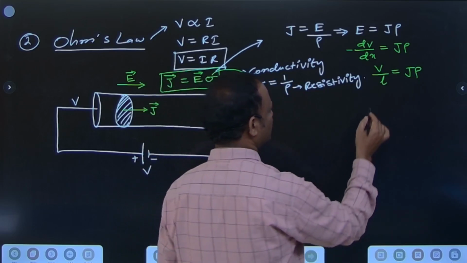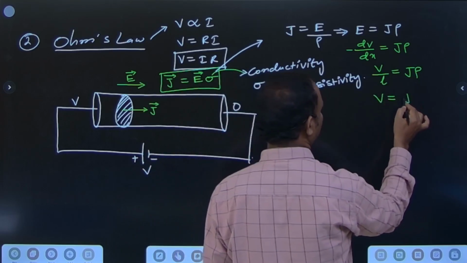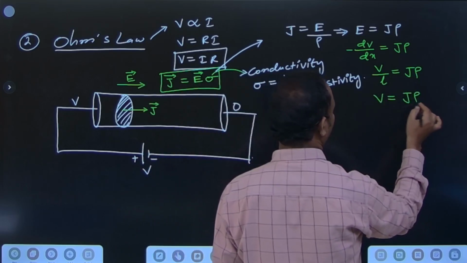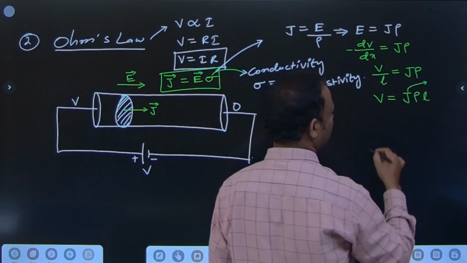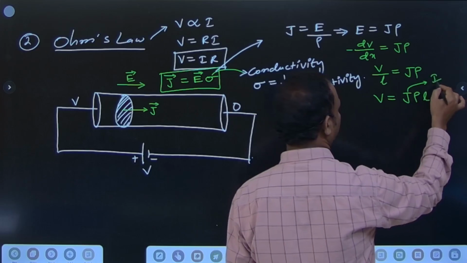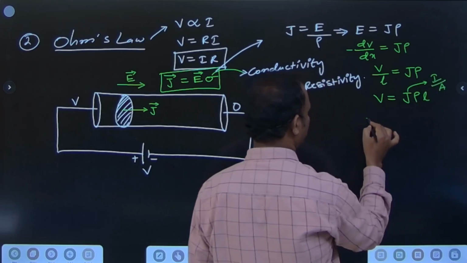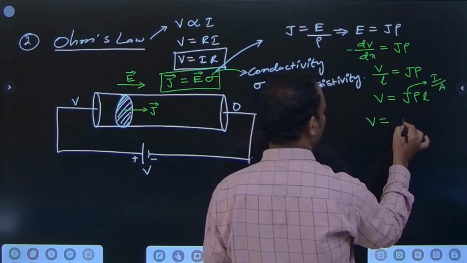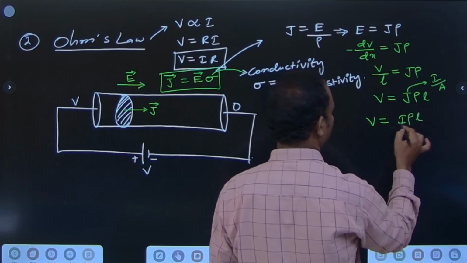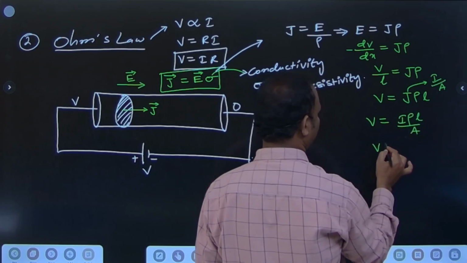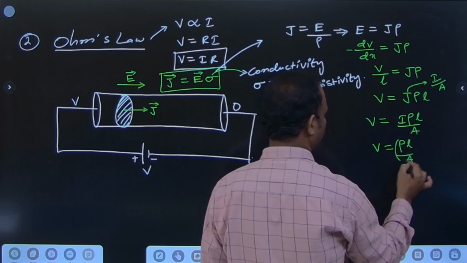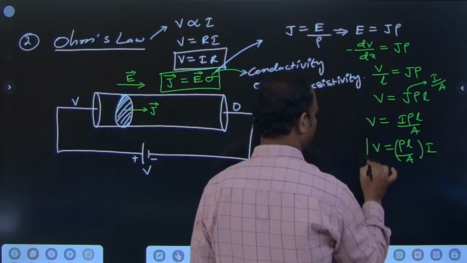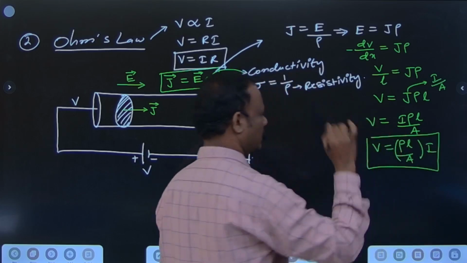V is equal to J rho into L. J is what? Current density. Current density is what? Current per area. V is equal to I rho L by A, so V is equal to rho L by A into I, which is another form.